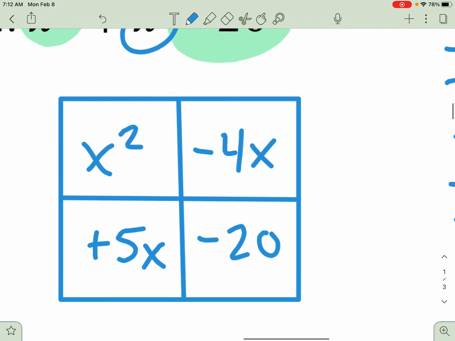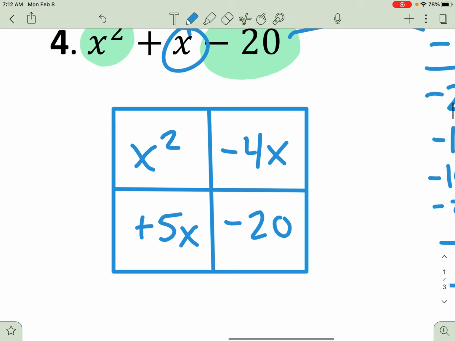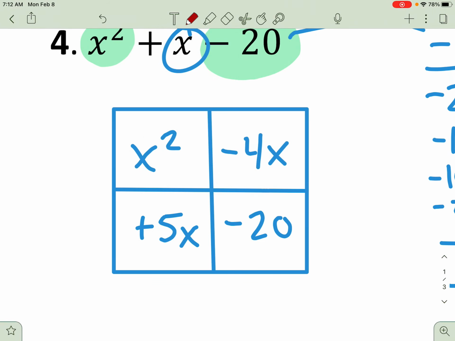But remember, we're looking for an x term. So this has to be x times x. All right? And so now, on the tops, now that I've figured out what gives me that, I'm going to factor out the greatest common factor. So I have x squared and negative 4x. What do they have in common? Well, these both have an x in common.